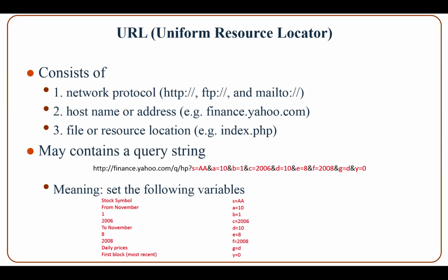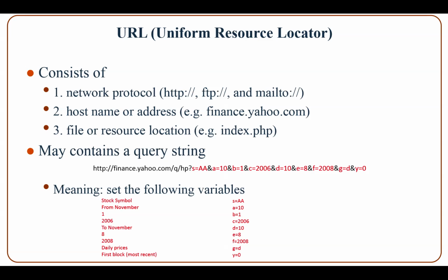So with this query string, you mean that you want to query the web at yahoo.com for the stock symbol AA. AA is the stock symbol for Alcoa Inc. A equal to 10 means that you want data from November.